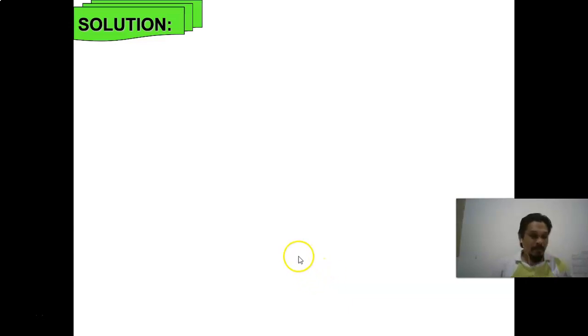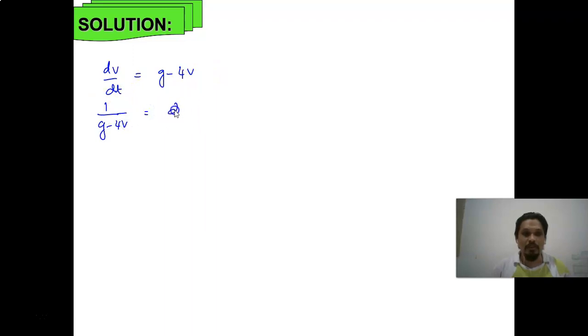So the first one here is given dv/dt equal to g minus 4v. So g is another constant here, so dt brought up, they come up with 1 over g minus 4v dv equal to dt. Just imagine that there is 1 here.